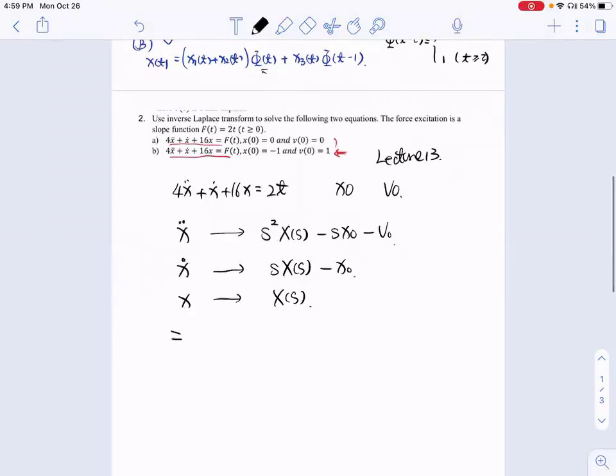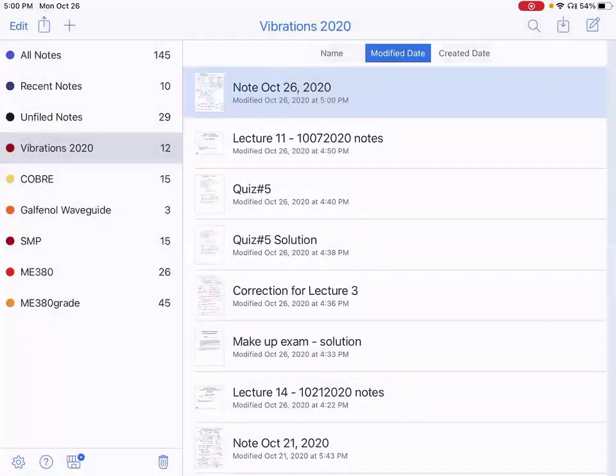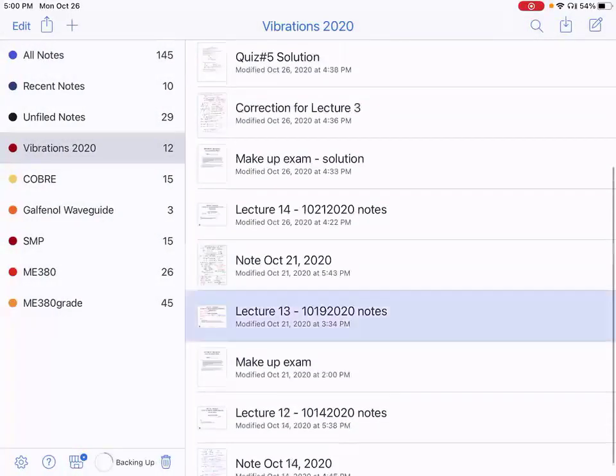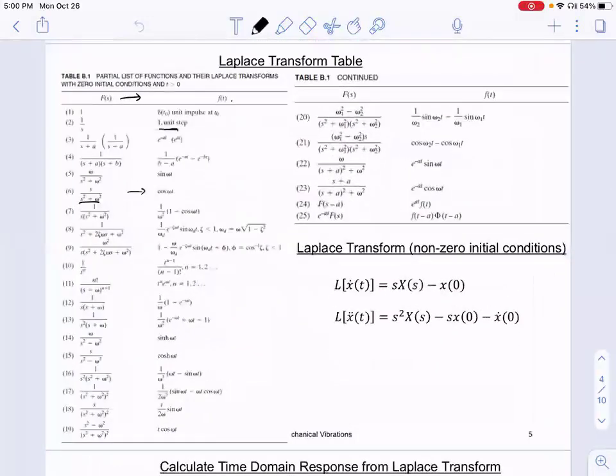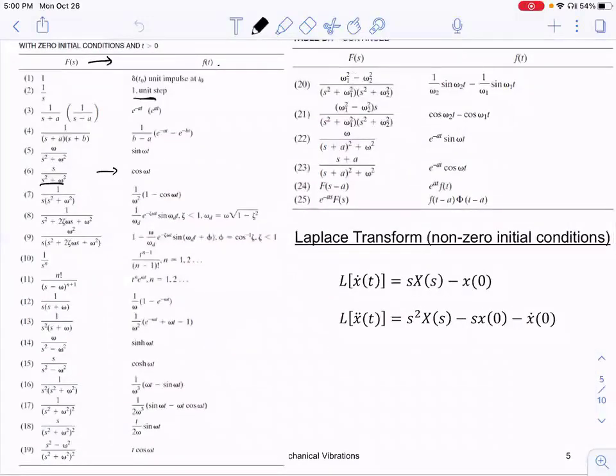And then you have to do the Laplace transform for your force expression as well. So your f(t) is 2 times t. That's why you have to be really familiar with your table. So then you need to go back to the Laplace transform table. In the time-dependent function column, you need to find a 2 times t function. Where can you find it?